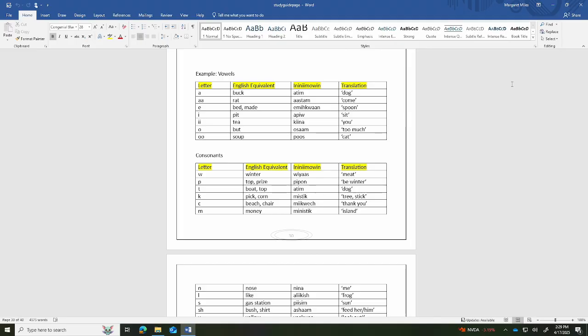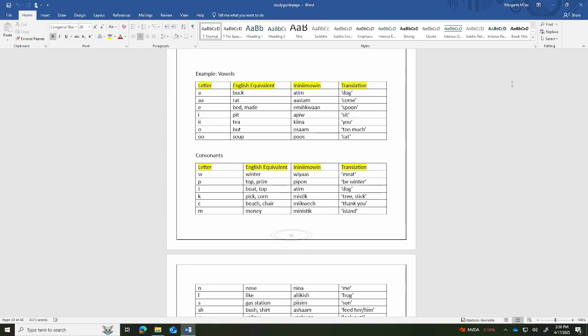The letter E sound, emekwan, means spoon. The short I, apo, meaning sit.